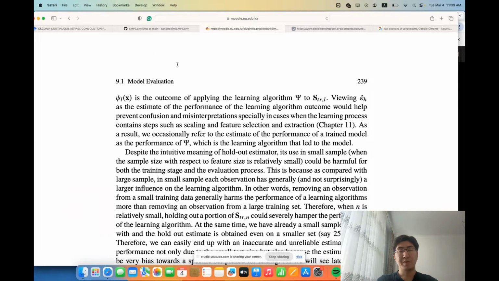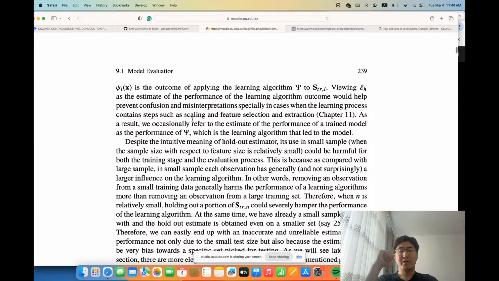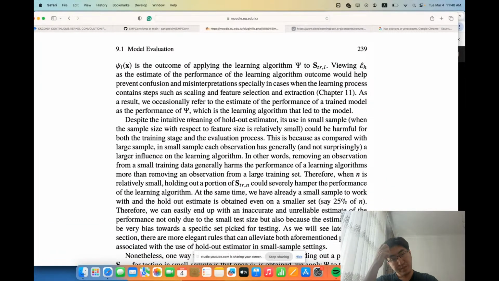Viewing it as an assessment of the performance of the learning algorithm would help prevent confusion and misinterpretation, especially in cases when the learning process contains steps such as scaling and feature selection. As a result, we occasionally refer to the estimate of the performance of a trained model as the performance of the learning algorithm that led to the model.